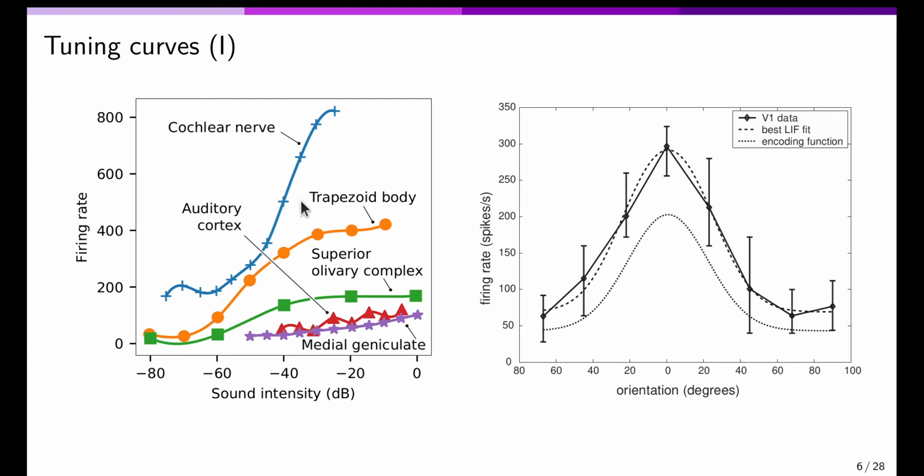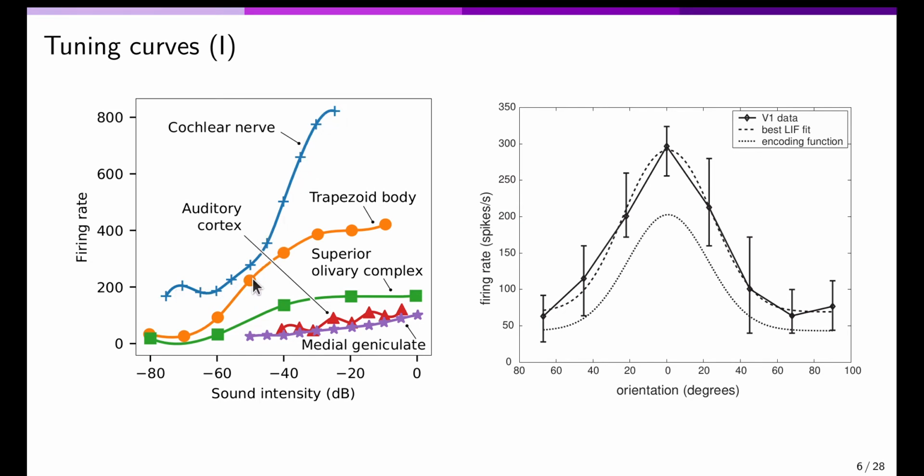So, for example, here on the left, I've got data from various different auditory areas. Each of these lines is a different neuron in a different part of the brain. And what we're varying is the sound intensity, so sounds of different loudnesses. You take one particular neuron you're recording from, modify the sound intensity, and see what it does. And we get curves like this.